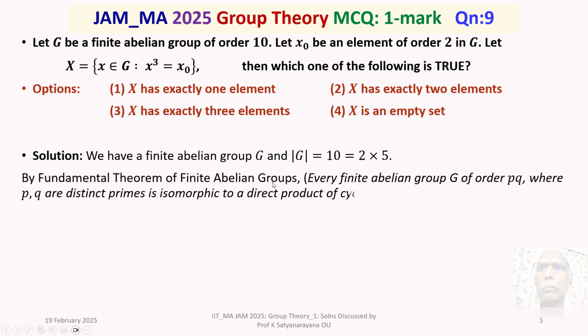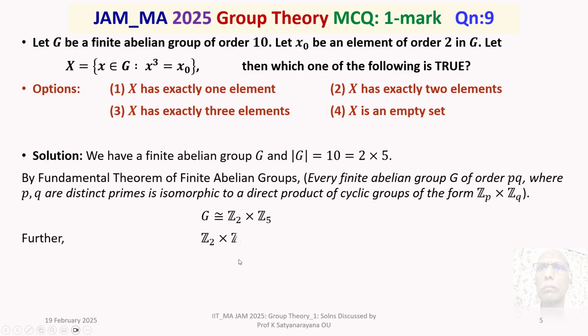It states that every finite abelian group G of order pq, where p and q are distinct primes, is isomorphic to a direct product of cyclic groups of the form Zp cross Zq. Using this theorem, G is isomorphic to Z2 cross Z5.